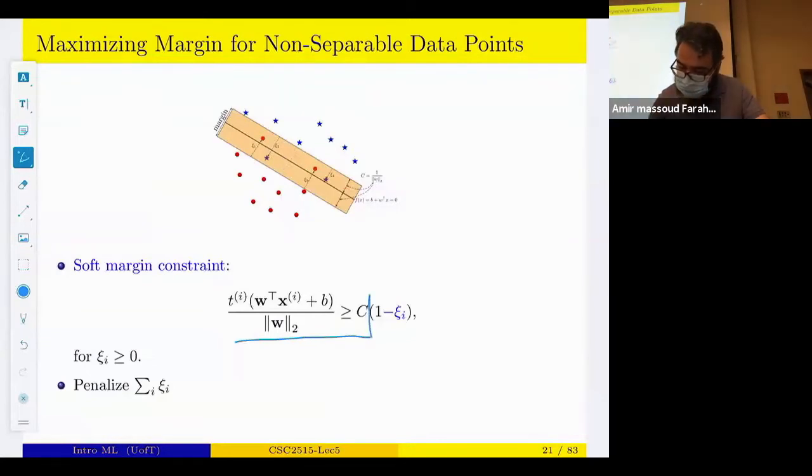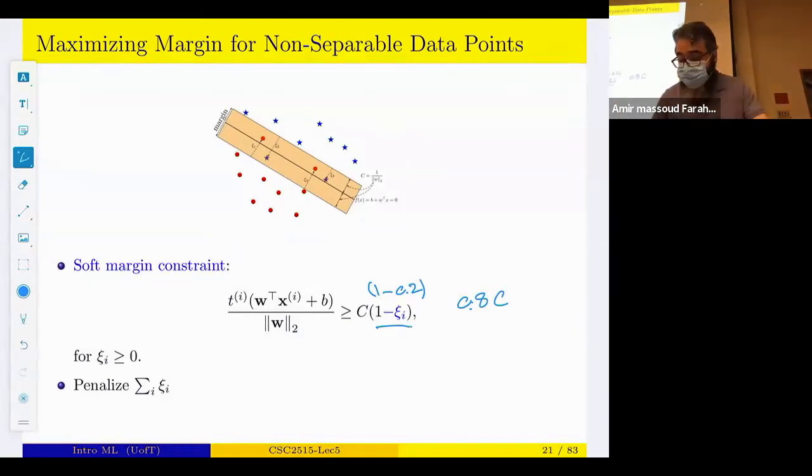If it was only C, it was saying that the margin should be at least C. But now we are adding this 1 minus ξi term too, which says that it is okay to have some values that are smaller than C. For example, if ξ is 0.2, it would be okay for the margin to be 0.8 times C.